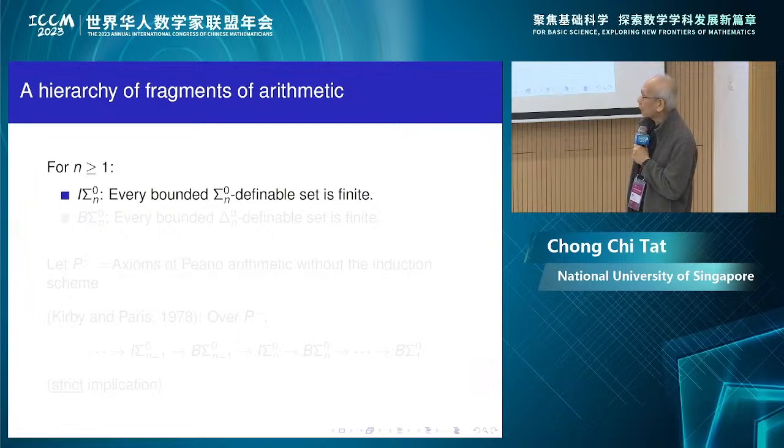What I mean by finite is that if you take a number k, bigger than 0, and look at a subset below k, from 0 until k minus 1, then if it has a sigma n definition, it's finite. That means that it can be coded.